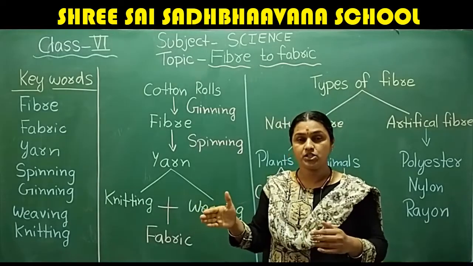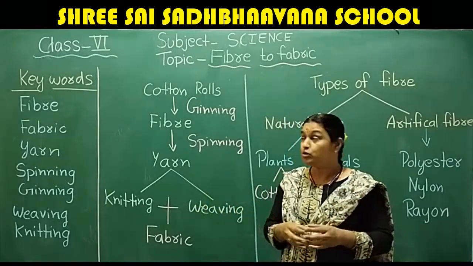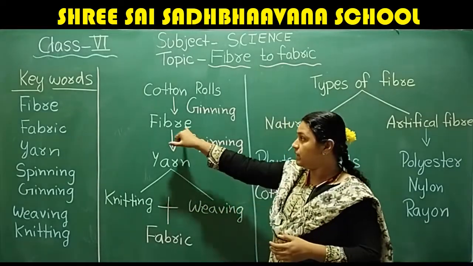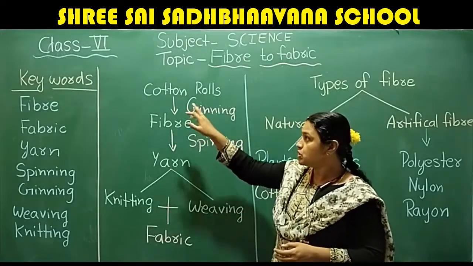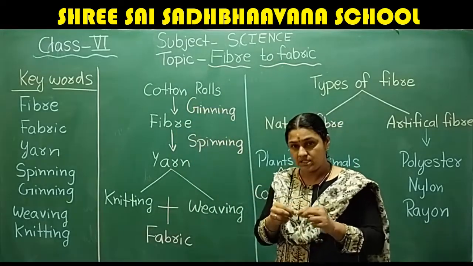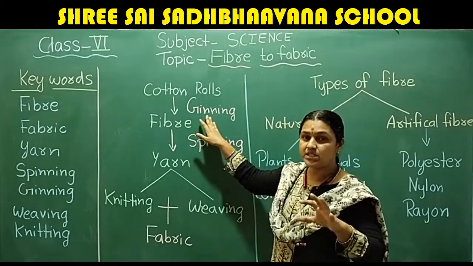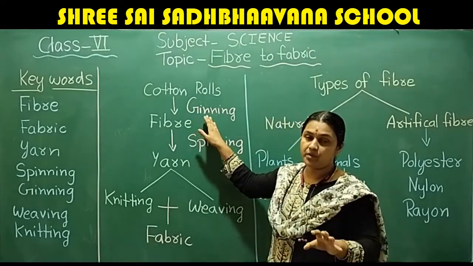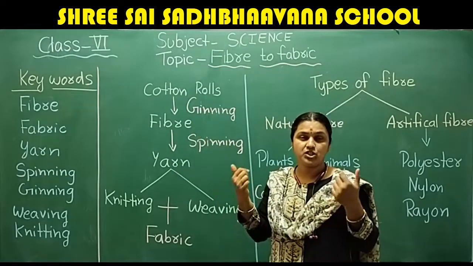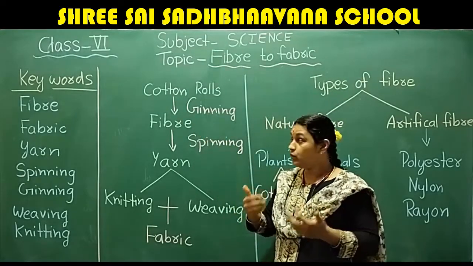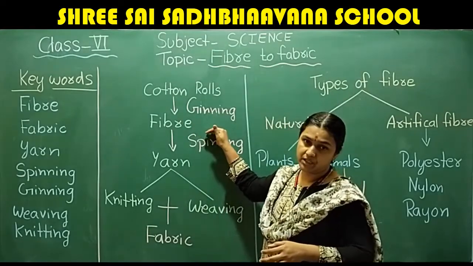There are many other processes from the cotton to make a fiber. Removing the seeds from the cotton is called ginning. Once the seeds have been removed, you get that soft cotton, which can be used to make a fabric.